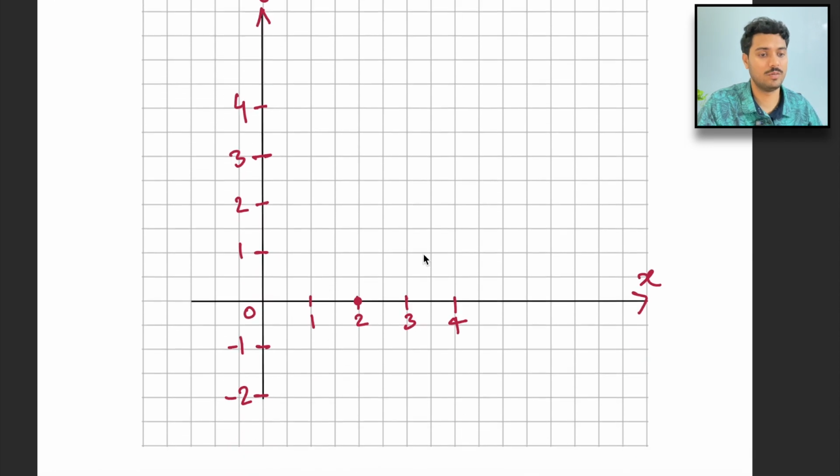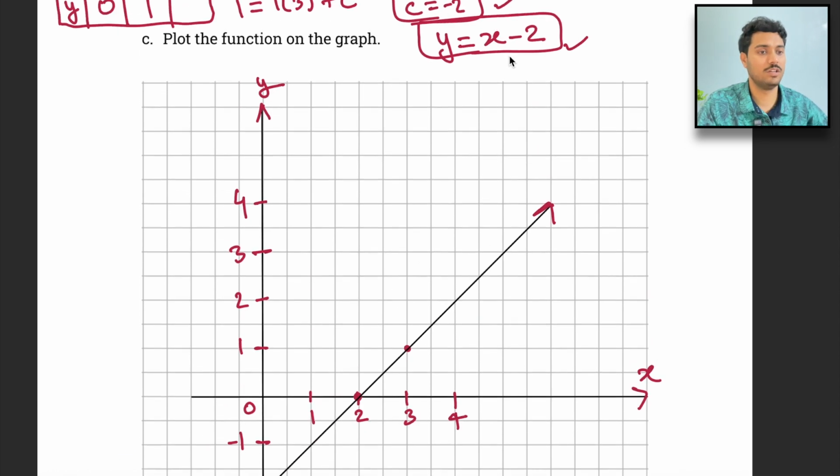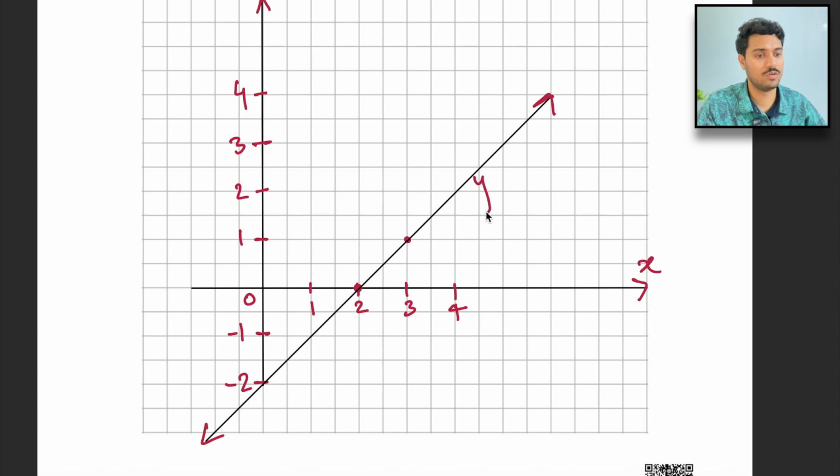Second point is 3, 1. 3, 1 here. And now let's join these 2 points and stretch it, so it will look like this. So this is the line for the equation y equals to x minus 2, where the y-intercept is -2 here, which is your c.